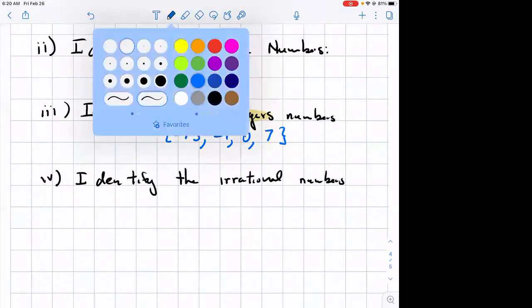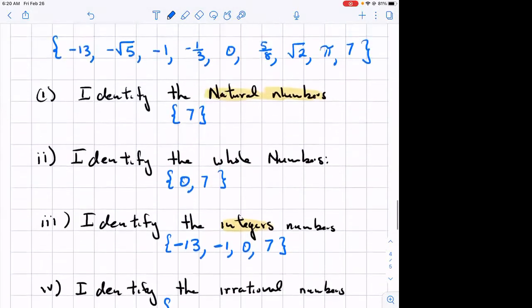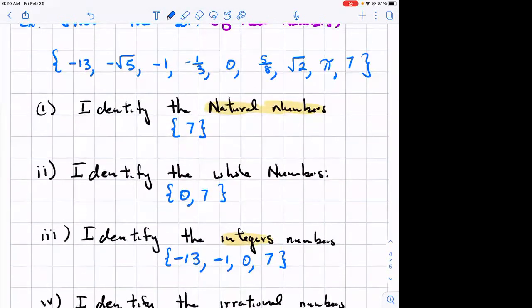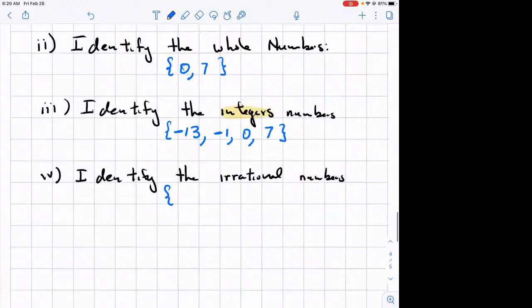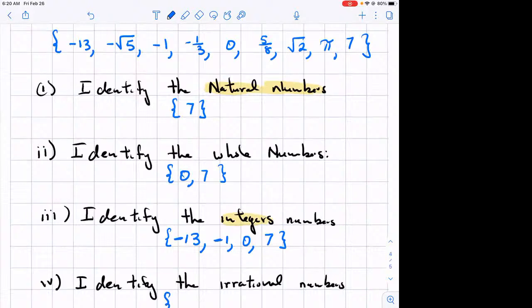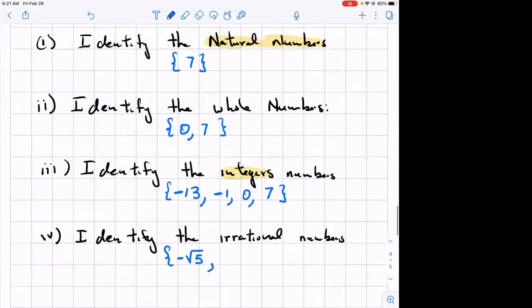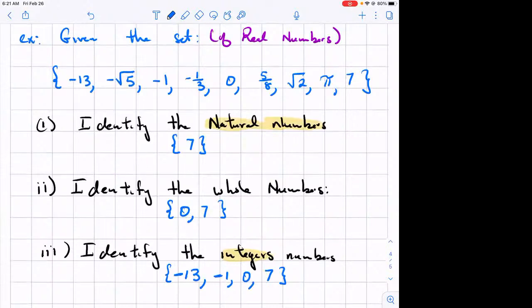Now we're looking for numbers that never end. We know pi is one. But how about the square root of 5? Irrational numbers could be negative or positive. The square root of 5 never ends, so negative square root of 5 will also never end, just that it's negative. 1 is a whole number.